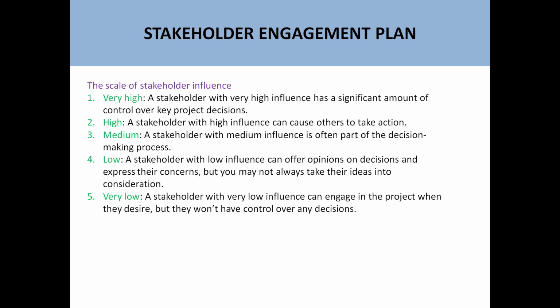Very low means a stakeholder with very low influence can engage in the project when they desire, but they won't have control over any decisions. These are the basic stakeholder influence levels: very high, high, medium, low, and very low.